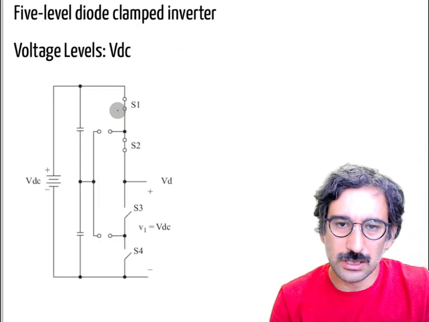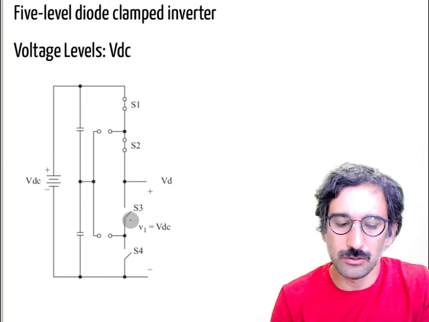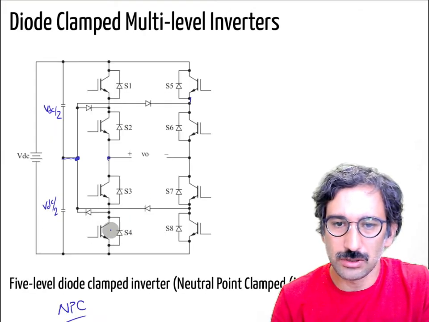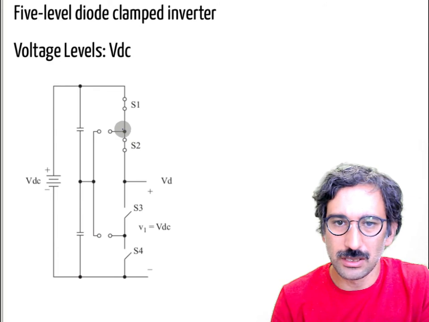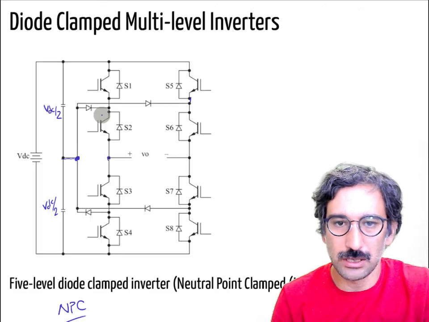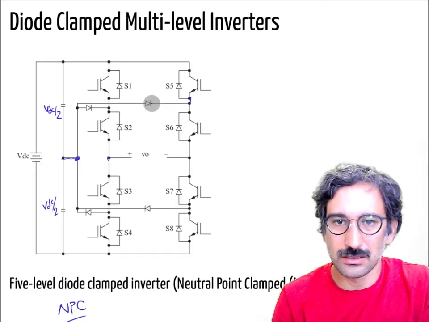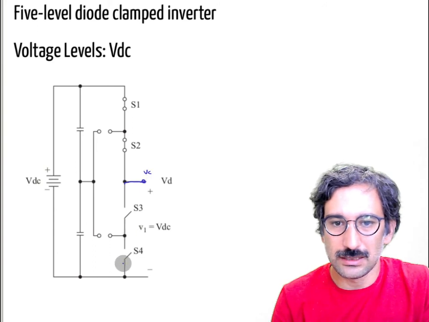If you turn on S1 and S2, and turn off S3 and S4, this voltage comes here, so this is VDC, this is VDC over 2, and those diodes will be reverse biased, so they are off. So I have VDC volts here, and these are off.